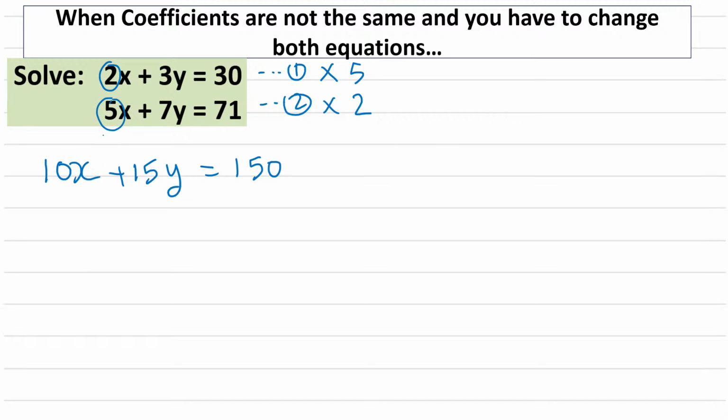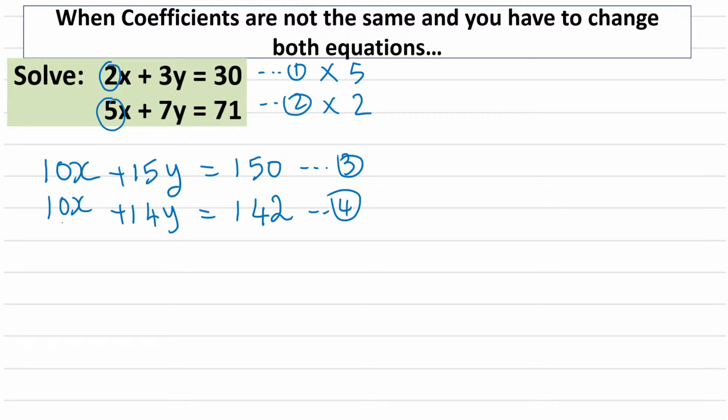And the next equation, 5x times 2 is 10x plus 7y times 2 is 14y, equals 71 times 2, that is going to be 142. So I can call this equation 3 and this one equation 4.